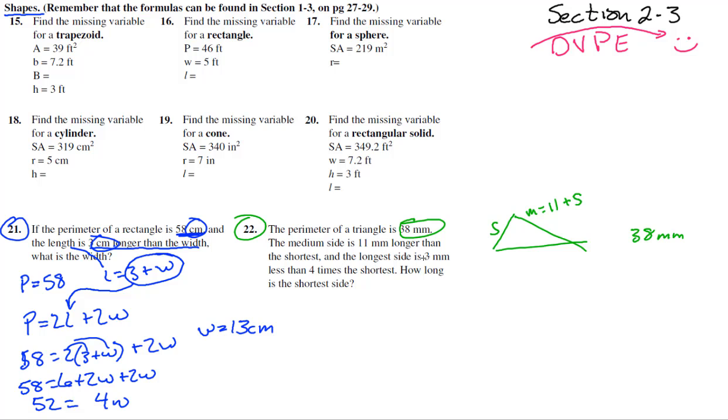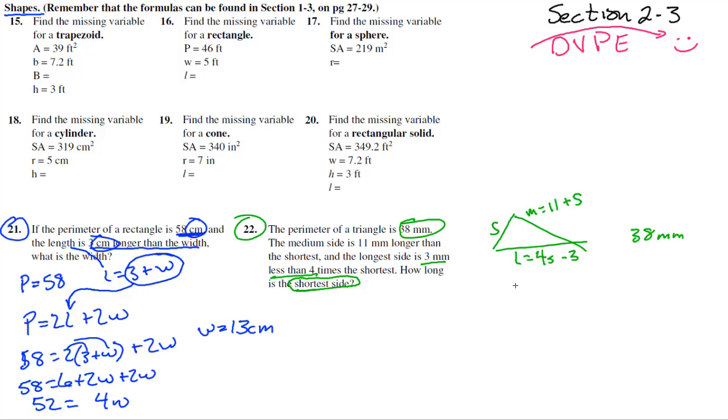And the longest side is 3 less than 4 times the shortest. Oh, how long is the shortest side? So that really is our variable. So I picked S for shortest, and then reading back through, let's make sure we got it. Medium is 11 longer, and the longest is 3 less than 4 times that.